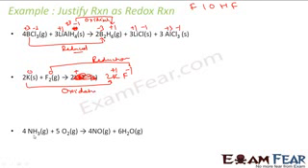Let's take this NH3. H becomes +1, this becomes -3, nitrogen. This is 0, free state. NO, this is O, this becomes -2, this becomes +2, this is -2, and this is +1. Now if you see nitrogen, from -3 it became +2.